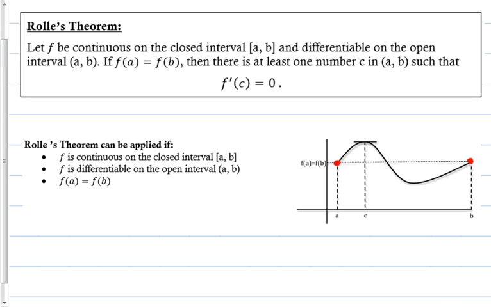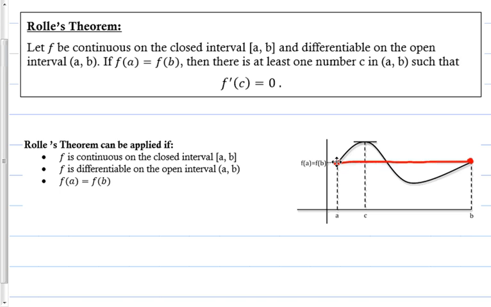That's the only difference. And because they're at the same height, now my secant line is a horizontal line. If they equal each other, then there's at least one number c in between a and b such that the derivative is equal to 0.